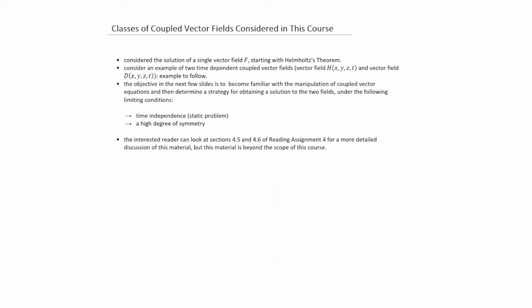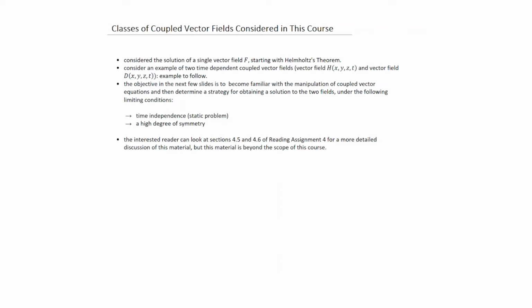We know that the field can be described as minus the gradient of a scalar potential plus the curl of a vector potential. We've already shown how we can move through that to say that the curl of F is equal to J, and the divergence of the vector field F is equal to some rho, and typically J and rho are given. So in principle, the problem can be solved.